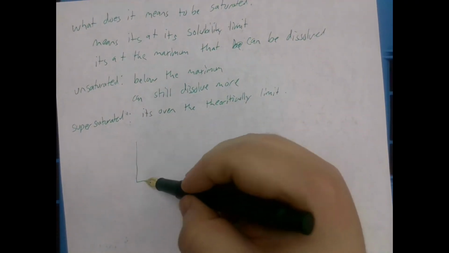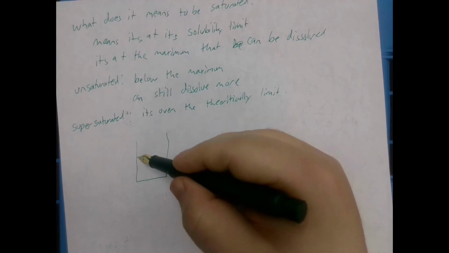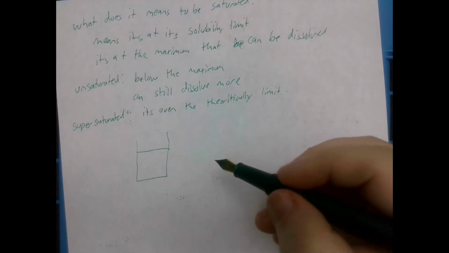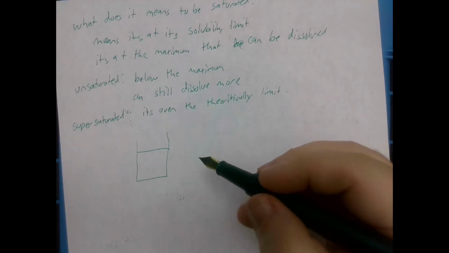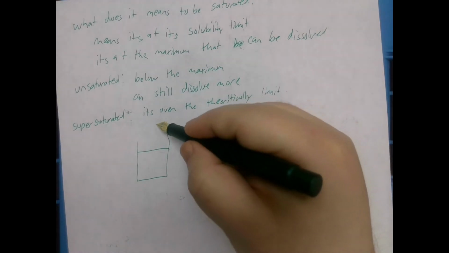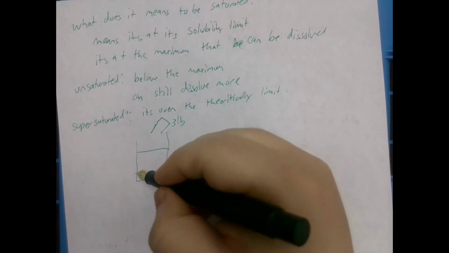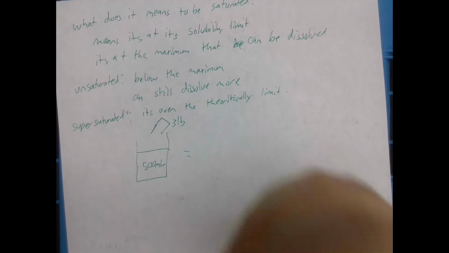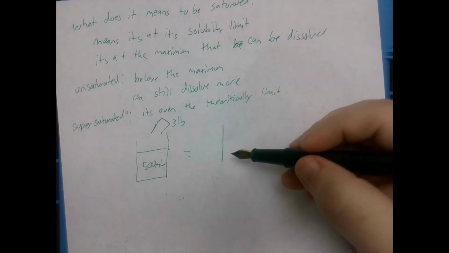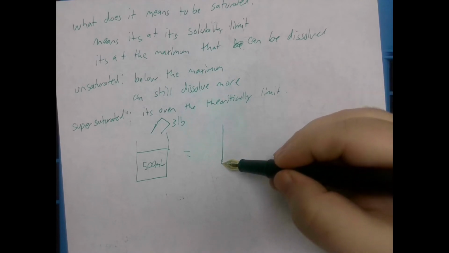So let's say I have a bottle of water and I pour it into a glass and then I put a 3-pound bag of sugar into 500 milliliters of water. Is it going to be supersaturated, unsaturated, or saturated?